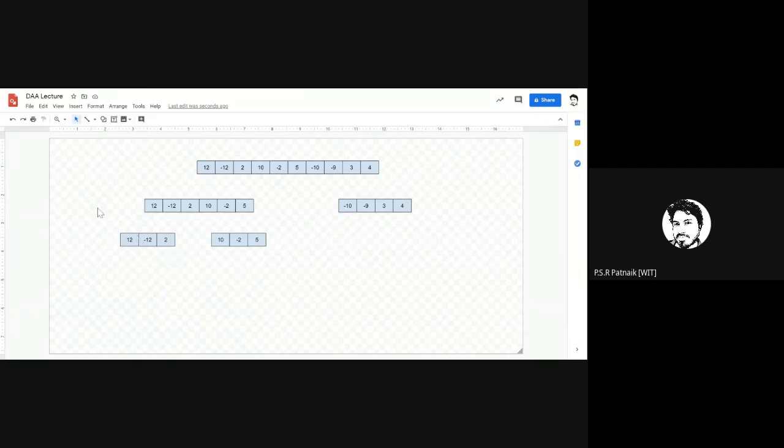If I divide by 2, this would be one sub problem, and this would be another sub problem after dividing that. And here, if I do this, I get the same sub problem. Here too I will do a similar division.